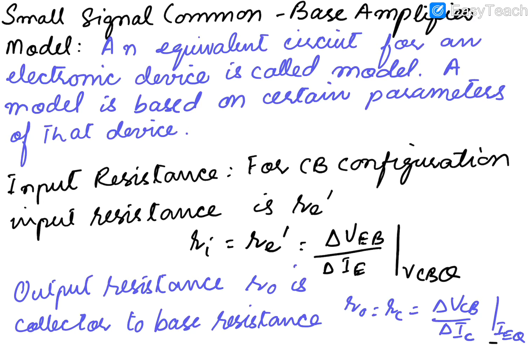The output resistance R naught is basically the resistance across the collector to base terminal, and it is equal to RC, which is equal to change in collector to base voltage divided by change in collector current at a fixed value of emitter current.